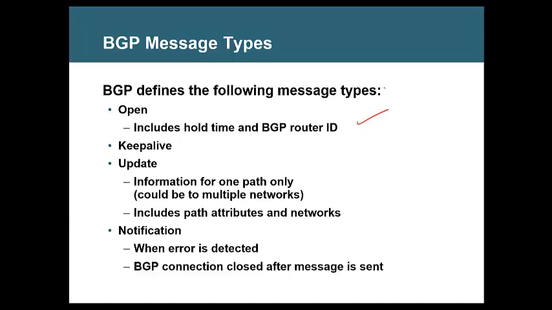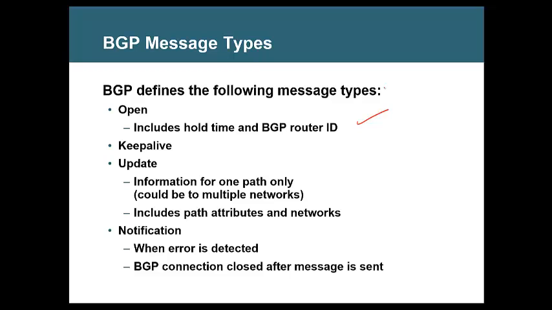In OSPF, we don't configure neighbors. In EIGRP, we don't configure neighbors. But in BGP, you have to. The reason is, BGP is a TCP-based protocol. It won't do multicasting. It won't learn neighbors through hello packets. There is no concept of hello packets. You have to configure neighbors manually.